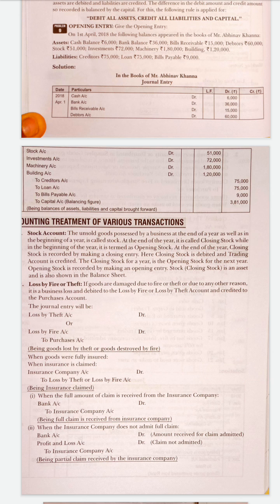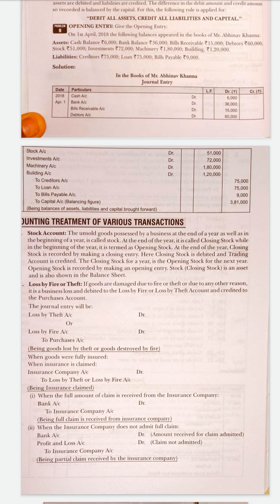So debit what comes in, by means of cash or bank. If it is by cheque, we debit the bank account. If it is by cash, we debit the cash account. So debit cash account or bank account to insurance company account. Who is the credit? The giver. The insurance company is a personal account, so credit the giver; we credit the insurance company account.